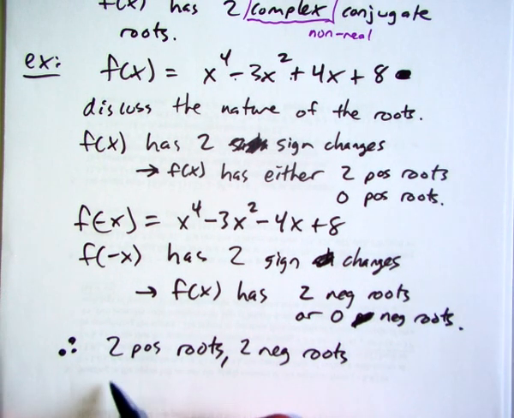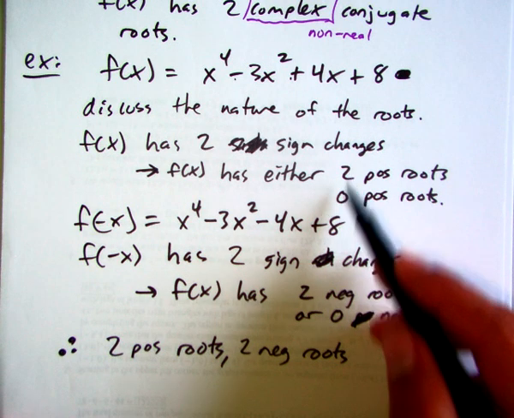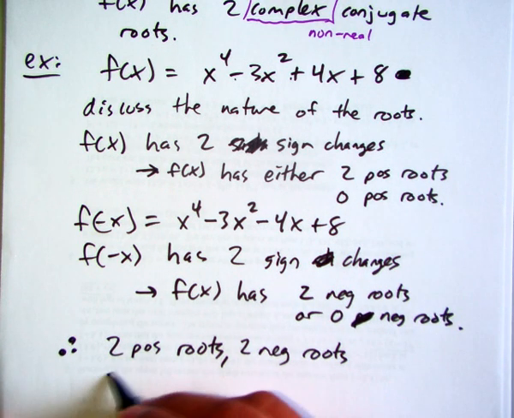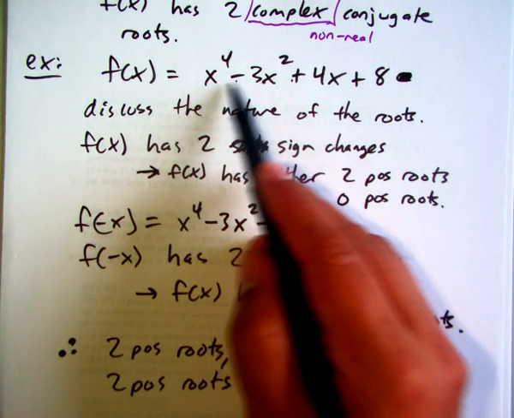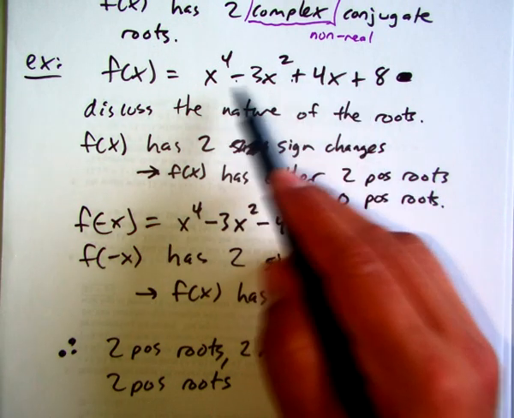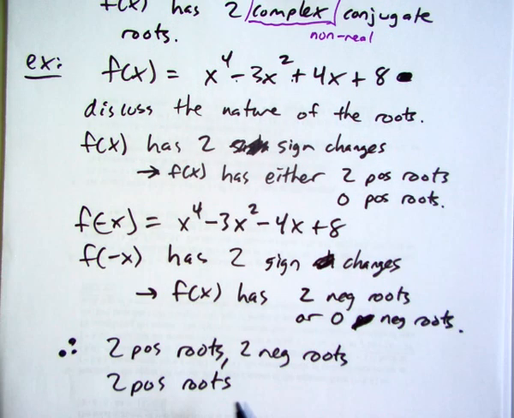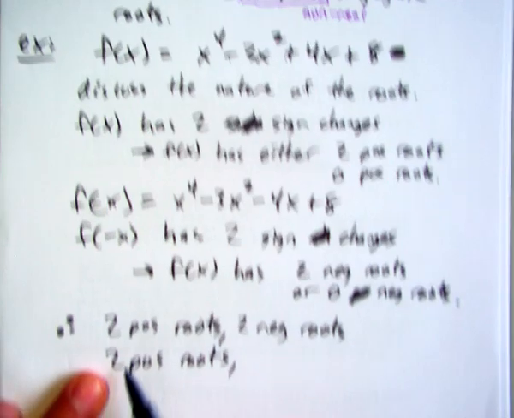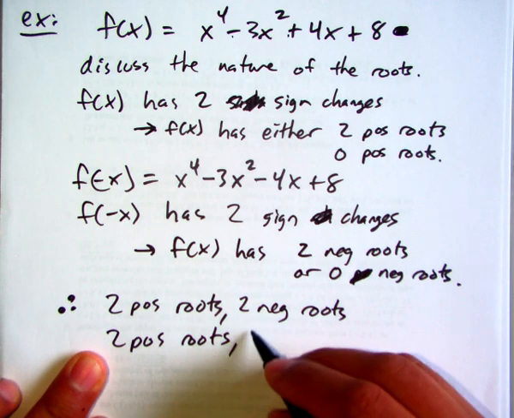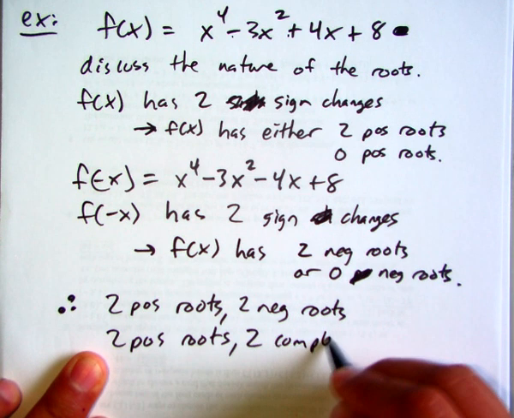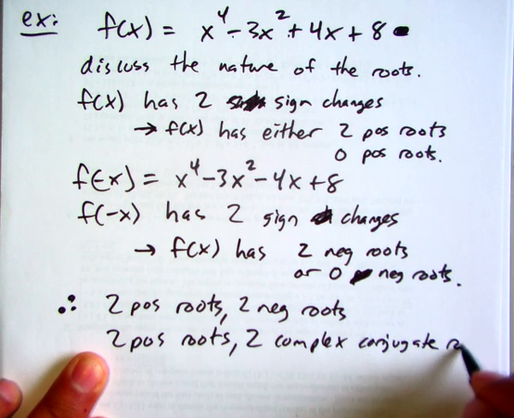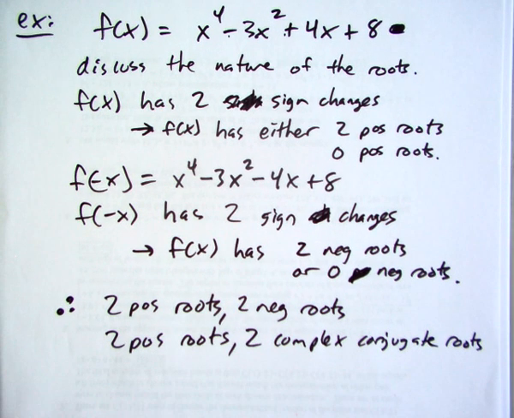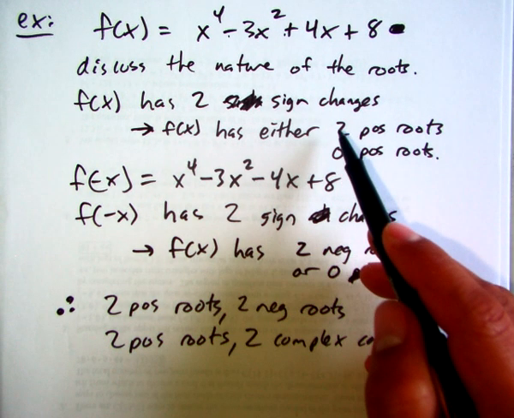It could also have 2 positive roots and then 0 negative roots. And again, 0 is not an option. So if it's not positive, if it's not 0, and it's not negative, then there has to be 2 other imaginary. So we'll say 2 complex conjugate roots. Okay, so that takes away all the possibilities with 2 positive roots.